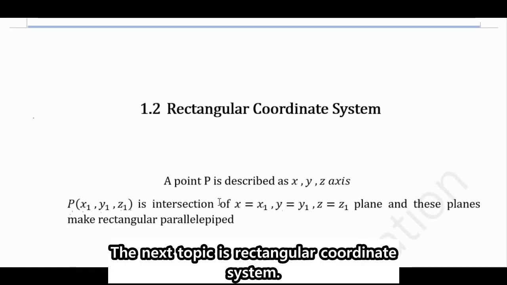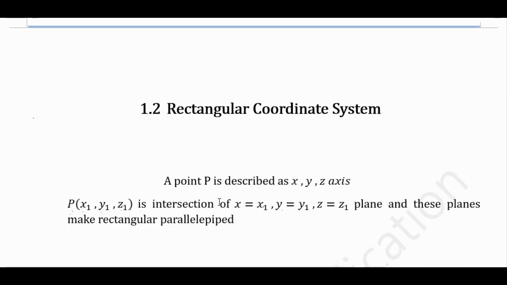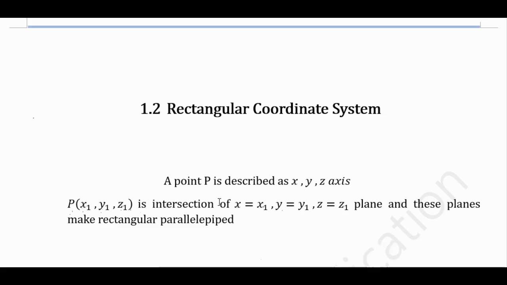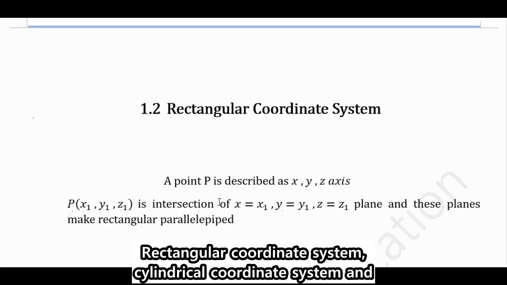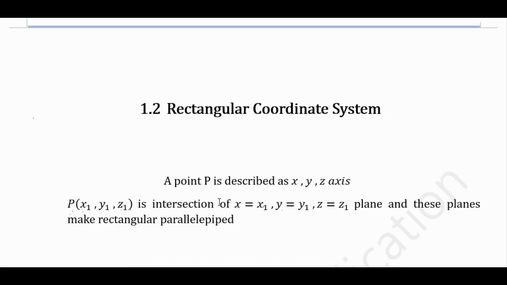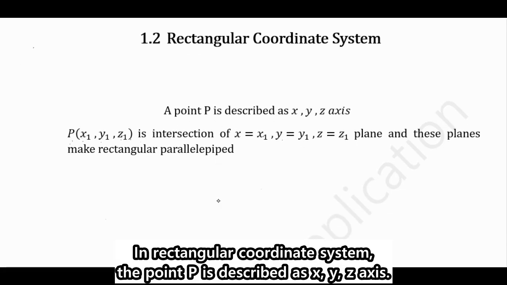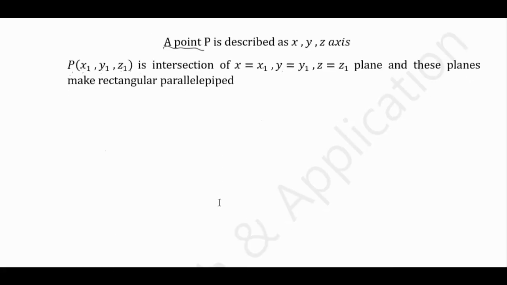The next topic is rectangular coordinate system. In this course, we have 3 coordinate systems: rectangular coordinate system, cylindrical coordinate system, and spherical coordinate system. At this time, we will discuss the rectangular coordinate system. In rectangular coordinate system, the point P is described by XYZ axes.